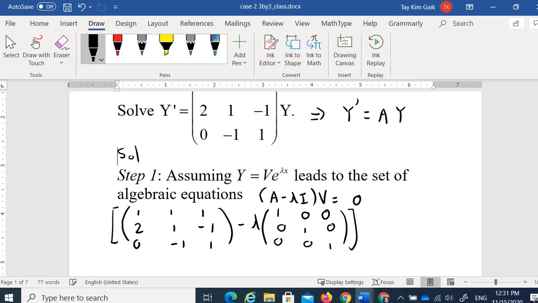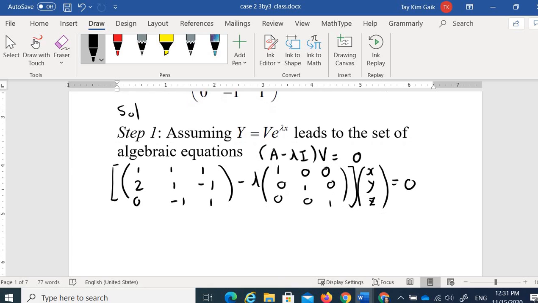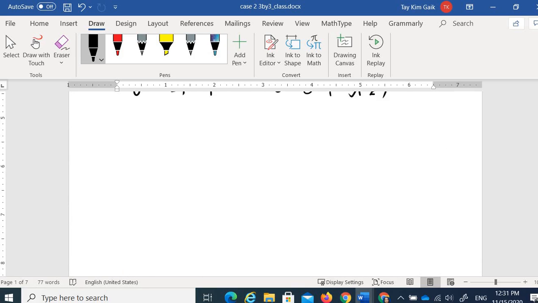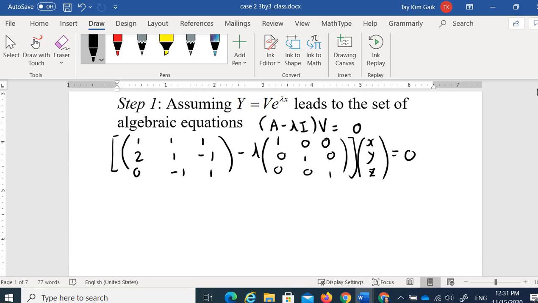Lambda I, and v is the eigenvector, let's say with elements x, y, z, equal to a zero vector. So lambda multiplied with the identity matrix only affects the diagonal.